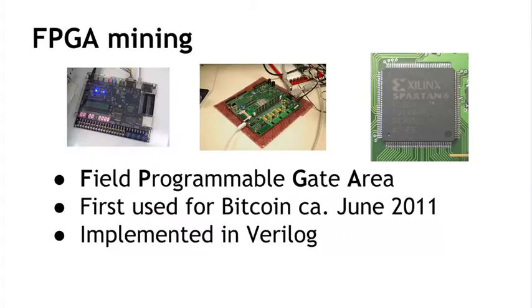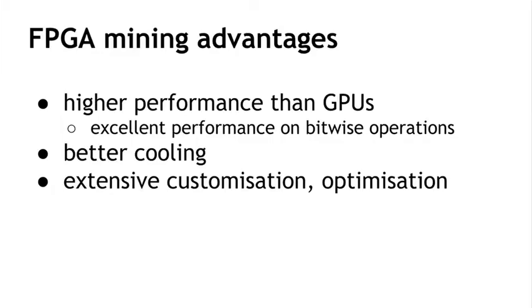So what replaced graphics cards? Well, around 2011, people started to use FPGAs, or field programmable gate arrays. That was around the time that the first implementation of Bitcoin mining came out in Verilog, which is a hardware design language that's used to program FPGAs. And FPGAs are something that maybe you've programmed before if you've taken a hardware design course.